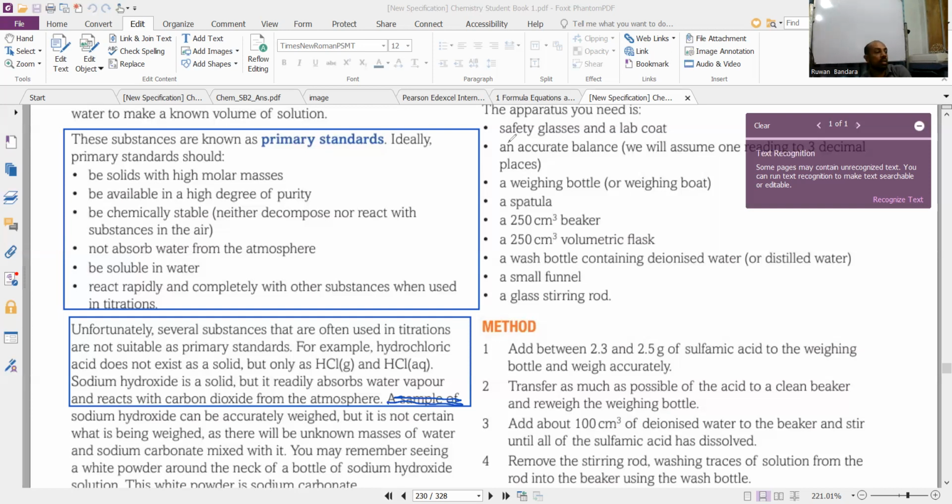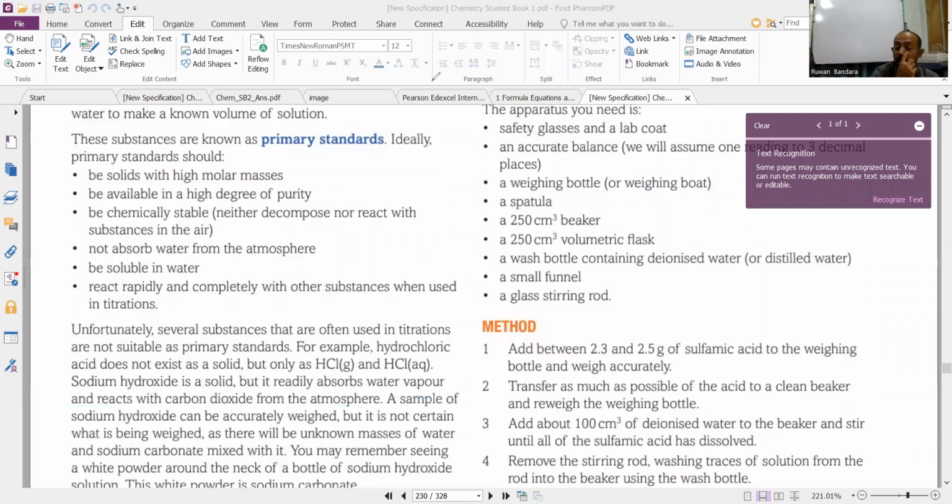So you can use it by volume. I mentioned, right? What happens when you let sodium hydroxide come in contact with water and carbon dioxide? Sodium carbonate will be there. Even in our lab, sodium hydroxide has turned to sodium carbonate.